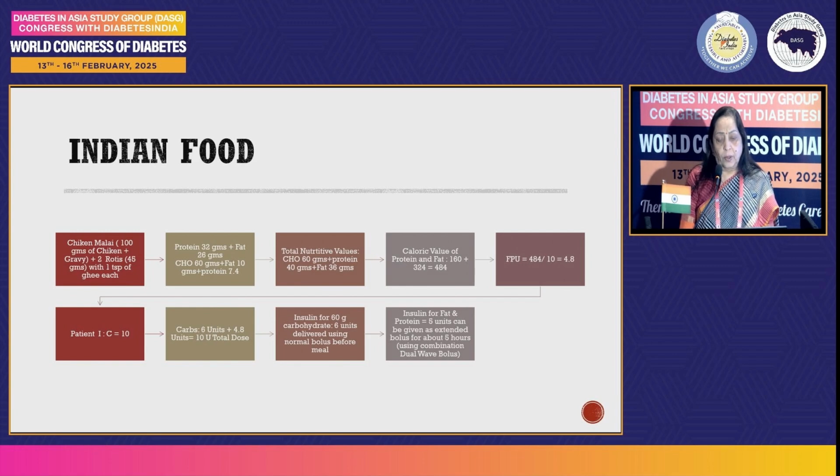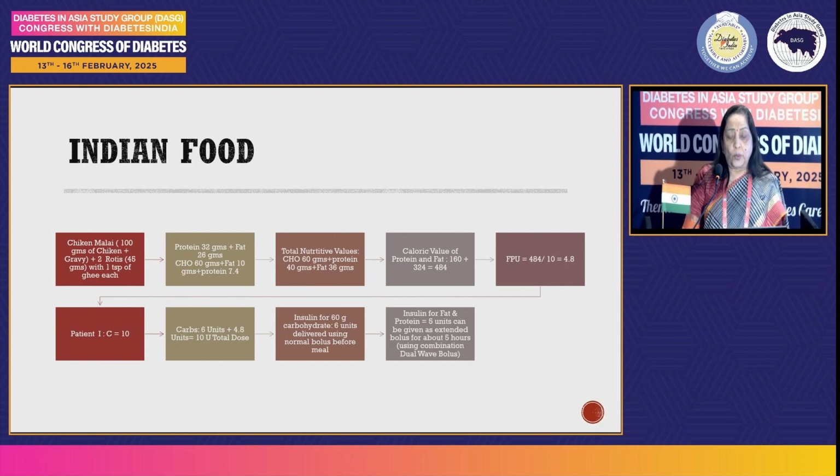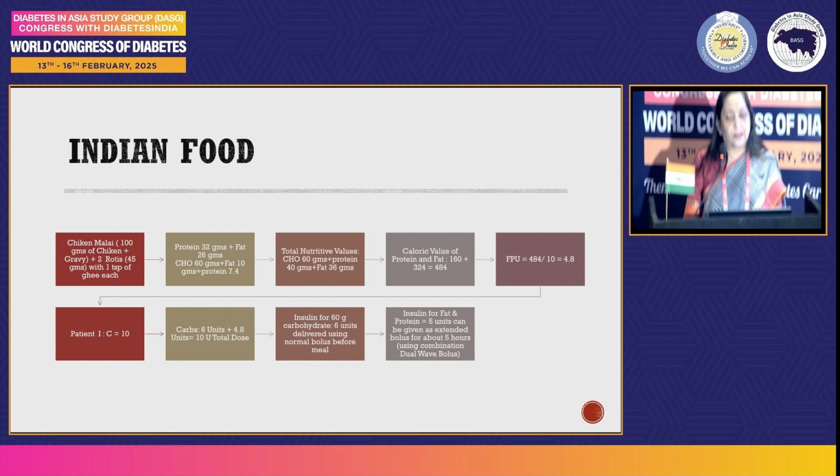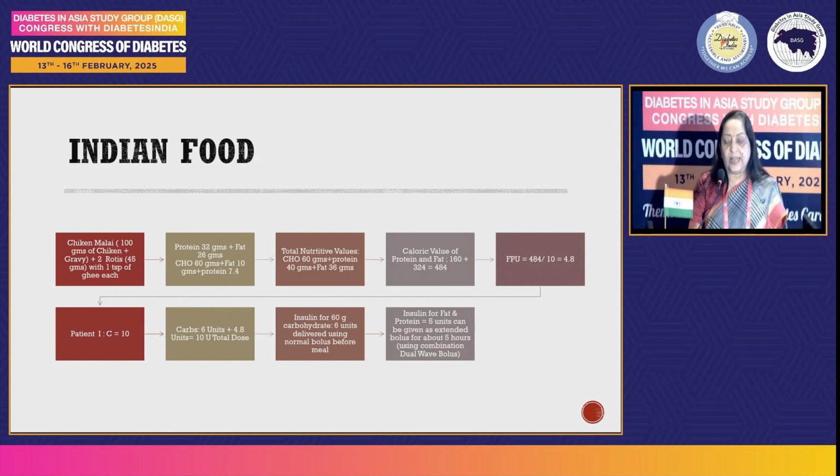Now we count: protein is 32 grams, fat is 26 grams, carbohydrate is 60 grams from two rotis, plus 10 grams of fat and protein is 74. So the total nutrition value is carbohydrate 60 grams plus protein 40 grams plus fat 36 grams. The calorie value of only the protein and fat is 384.